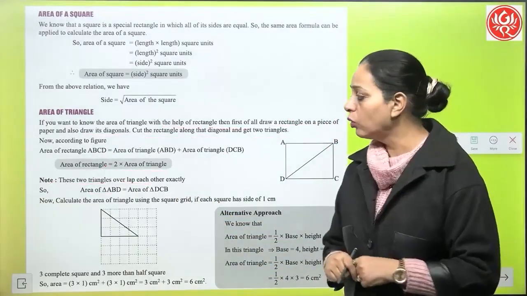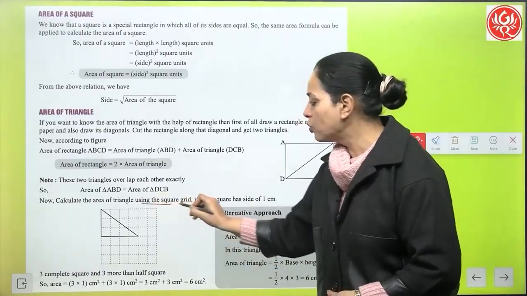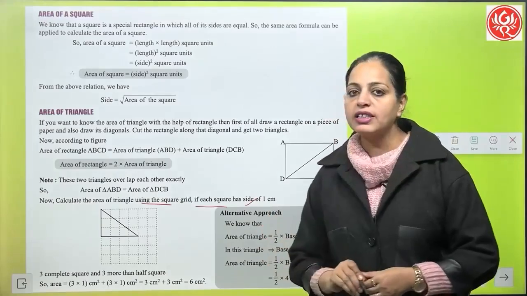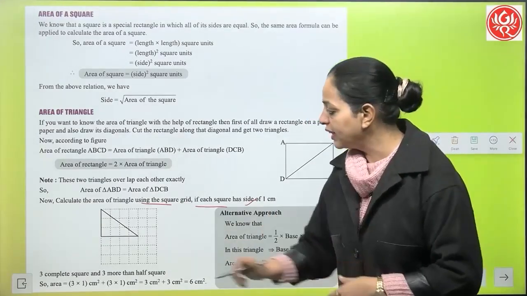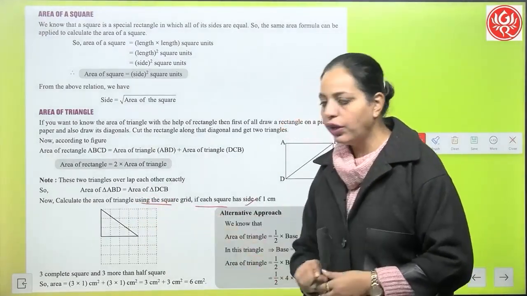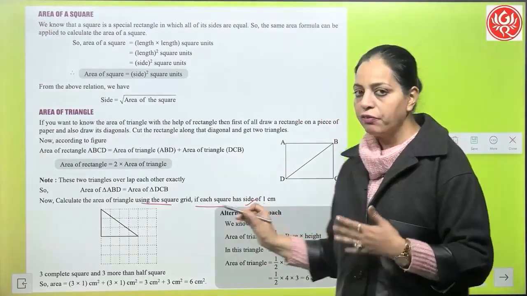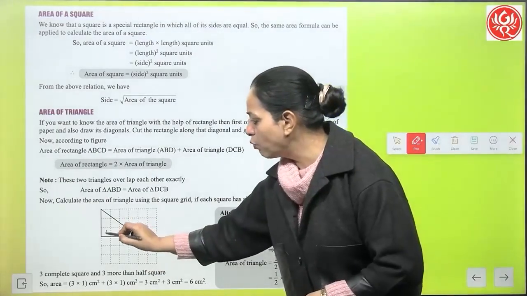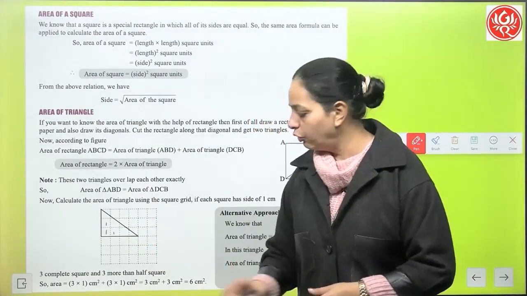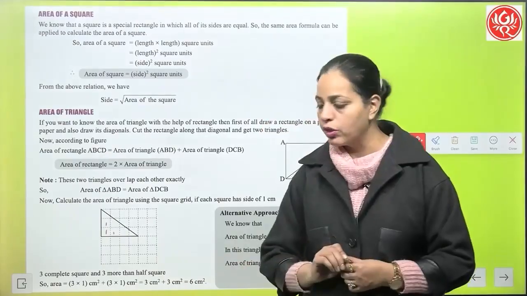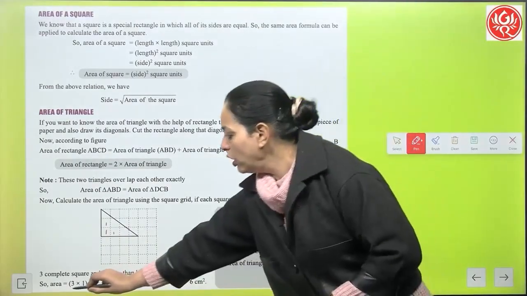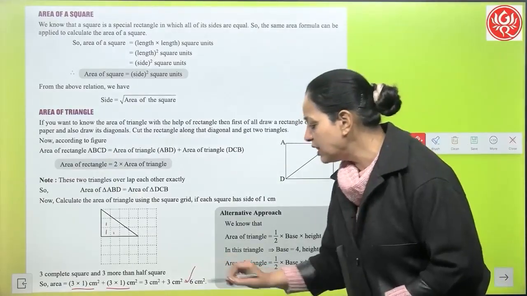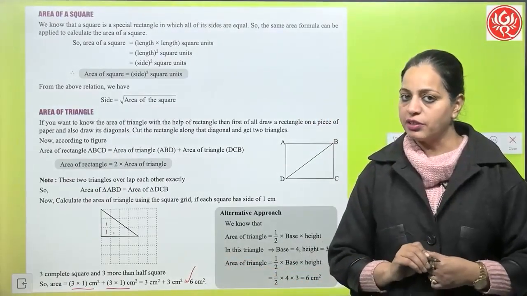Fine. Now calculate the area of triangle using the square grid if each square has side of 1 centimeter. You can see a triangle over here. Now how can we find out its area? We can see here 3 complete squares, 1, 2, 3, and 3 more than half squares. So 3 into 1 plus 3 into 1, that is 3 plus 3, which means 6 centimeter square.